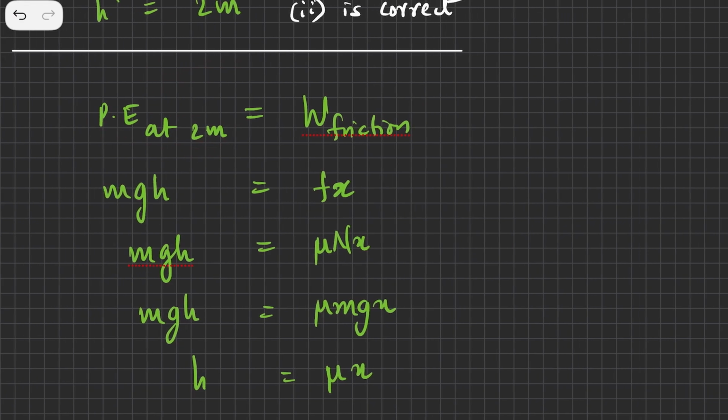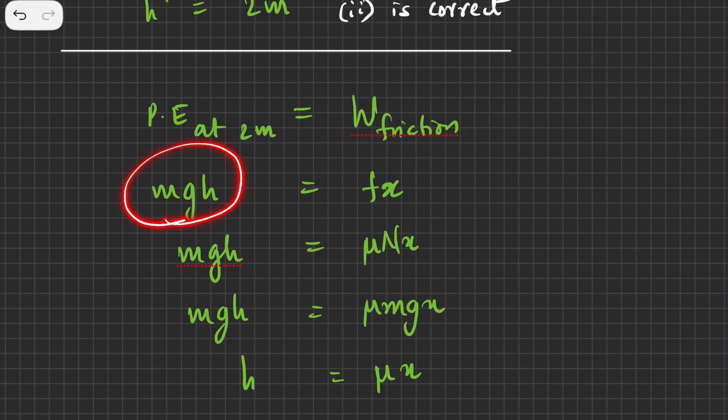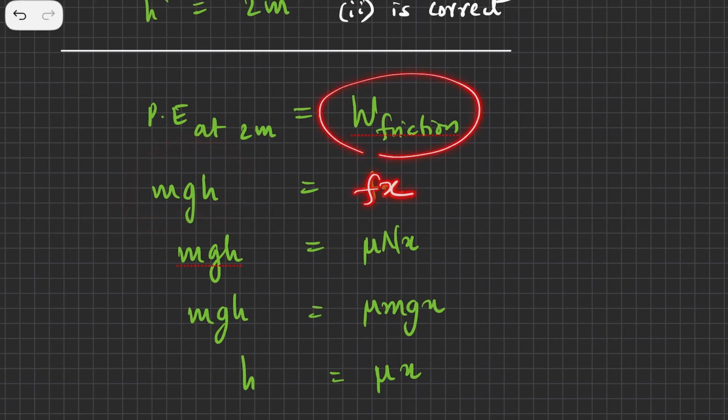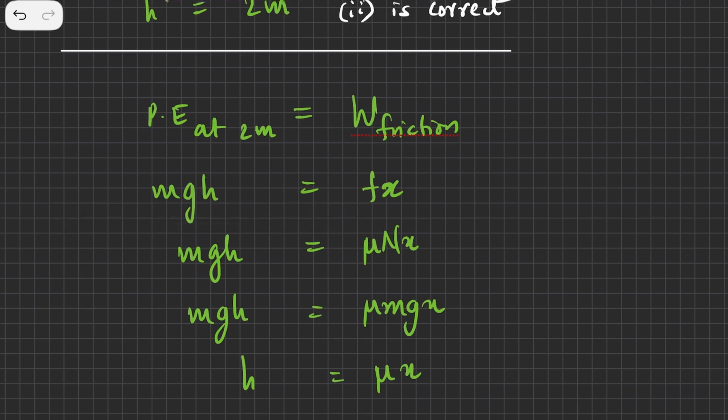So the potential energy at 2 meters height will be equal to the work done due to friction. So mgh is the potential energy. Work done is force into displacement. mgh as it is. Force is mu into N, that is friction.